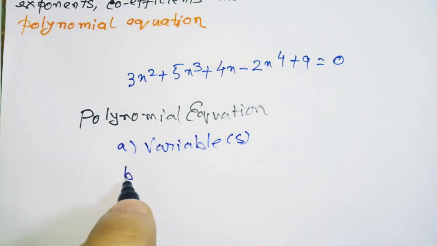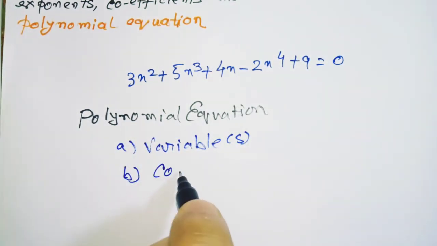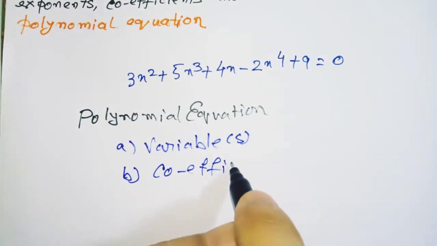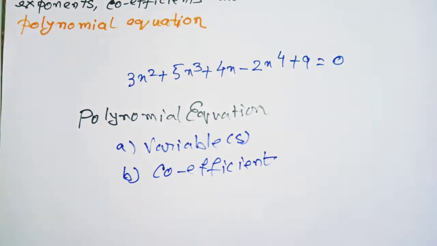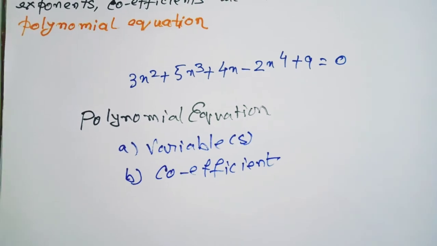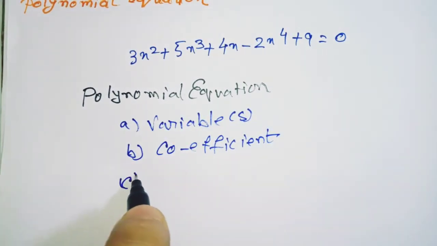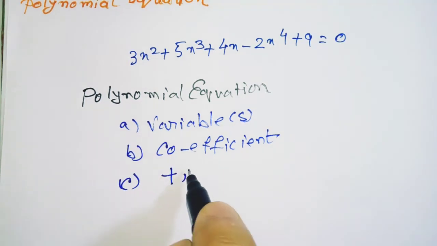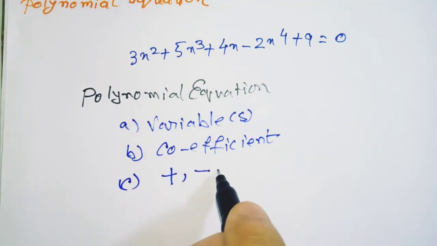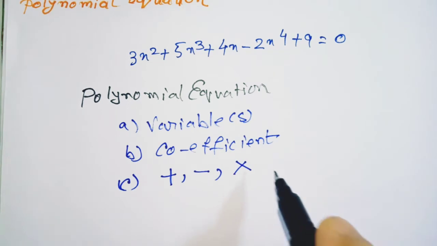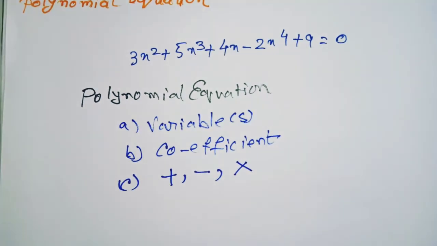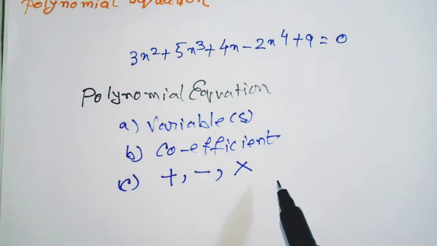Number 2, it should have a coefficient. What else would it include? It would include operations like plus, minus, and multiplication. Note that it should not have division. It can be plus, minus, or multiplication.